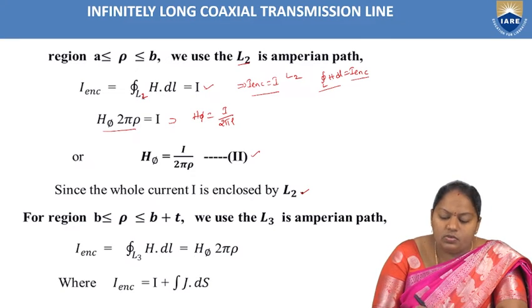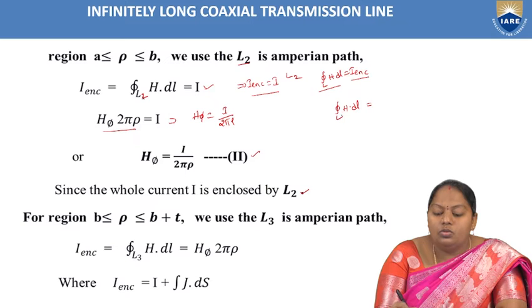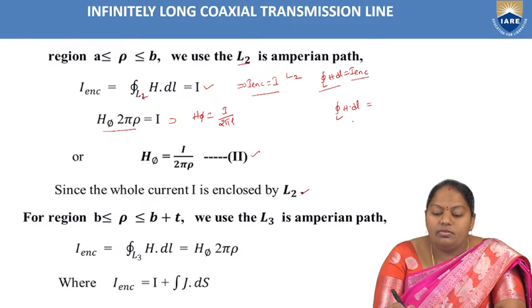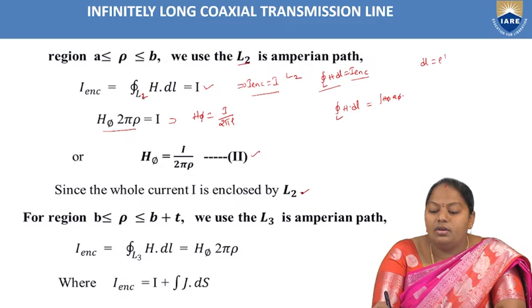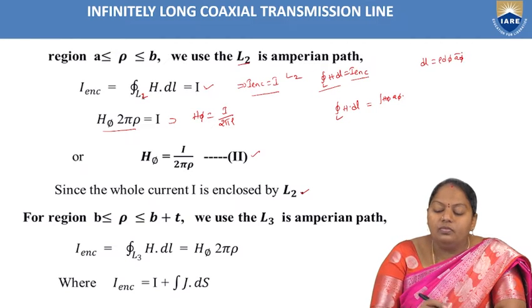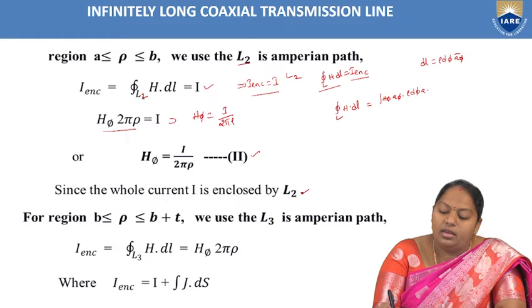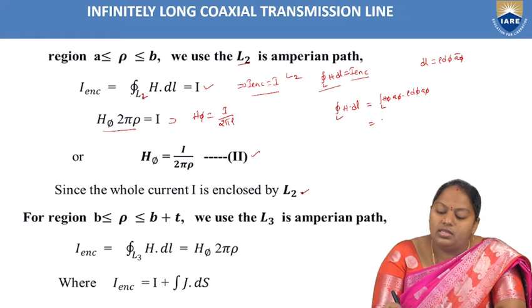How we evaluated this, we have already learned: integral over L of H dot dl. Considering the cross-sectional view of the coaxial transmission line, this is the phi direction. Hence the integral of H-phi a-phi dot dl, where dl in the phi direction is rho d phi a-phi. Since a-phi dot a-phi is 1, H-phi can be treated as a constant, and rho is also a constant, leaving d phi.